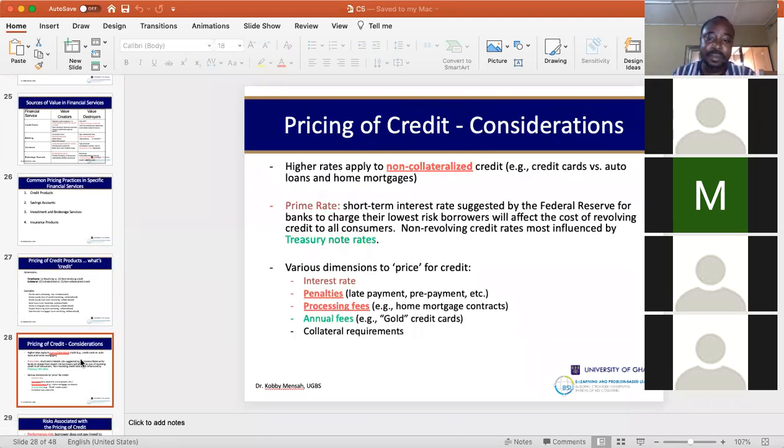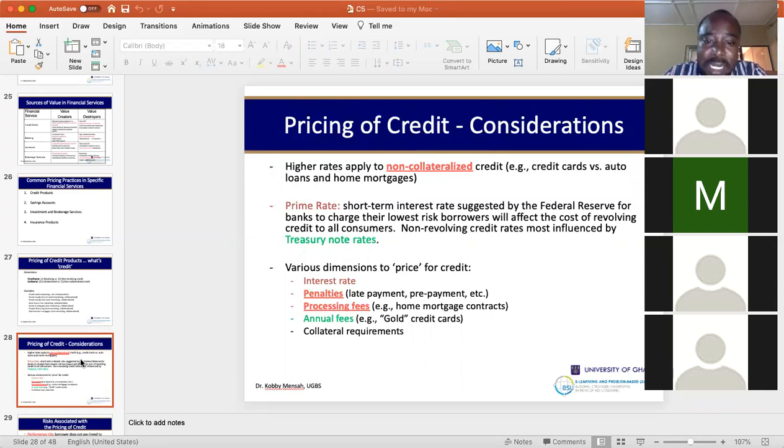Now, obviously, pricing of credit considerations, as we said: higher rates apply to non-collateralized credit. When you take a credit card, for example, because it is not collateralized, the institutions also have to find a way of redeeming the money early, or redeeming a greater part of the money, just in case somebody abuses it.